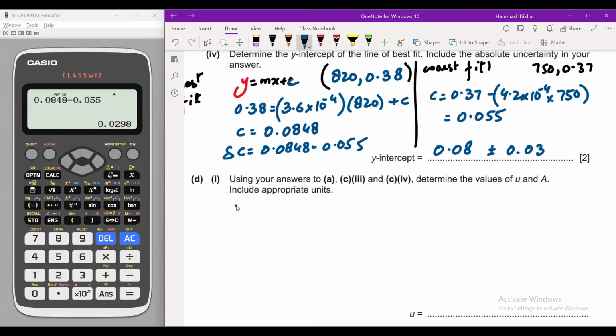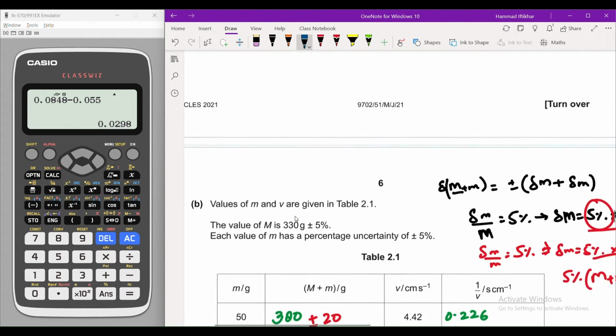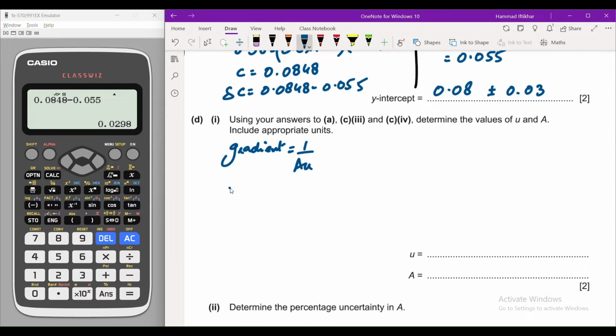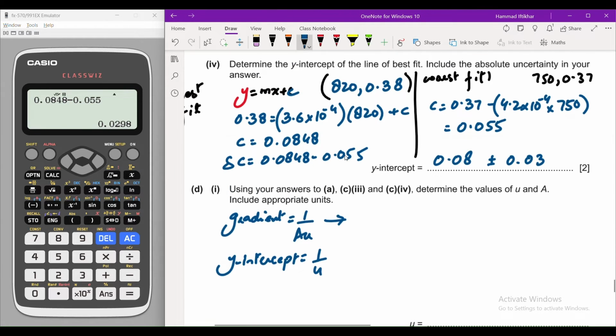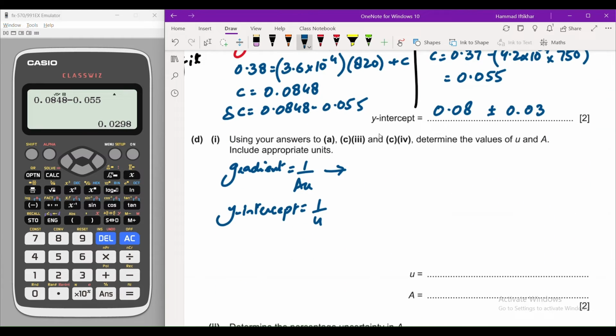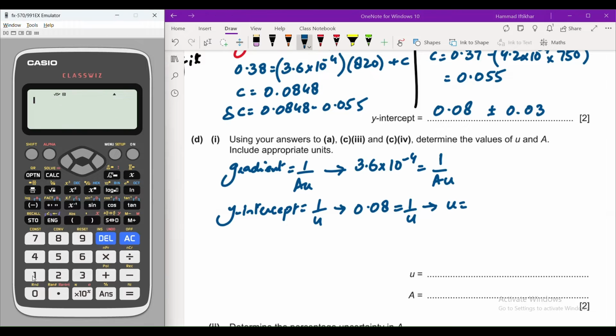So we said that the gradient was 1 over AU, and y-intercept was 1 over U. So gradient we found out for the best fit, that was 3.6 times 10 raised to power minus 4, equals 1 over AU, and the y-intercept is 0.08, equal to 1 over U. So that means U is equal to 1 divided by 0.08, 12.5.